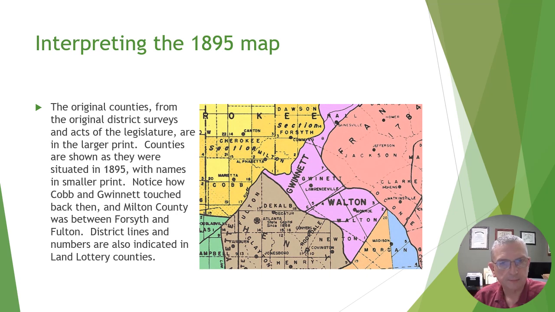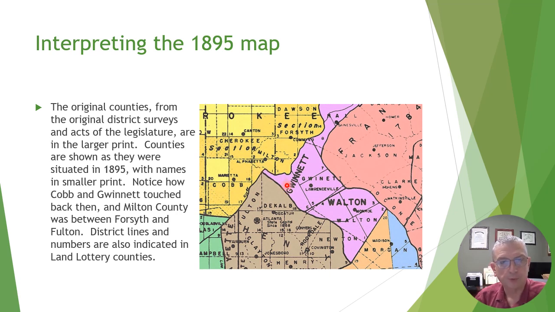This is an enlargement of that map, a particular area in North Metro Atlanta. You'll see here is the state capital, which was the new state capital, having moved there from Milledgeville. Here you see the original Gwinnett County in this shape. And notice that it went all the way over and touched Cobb County.